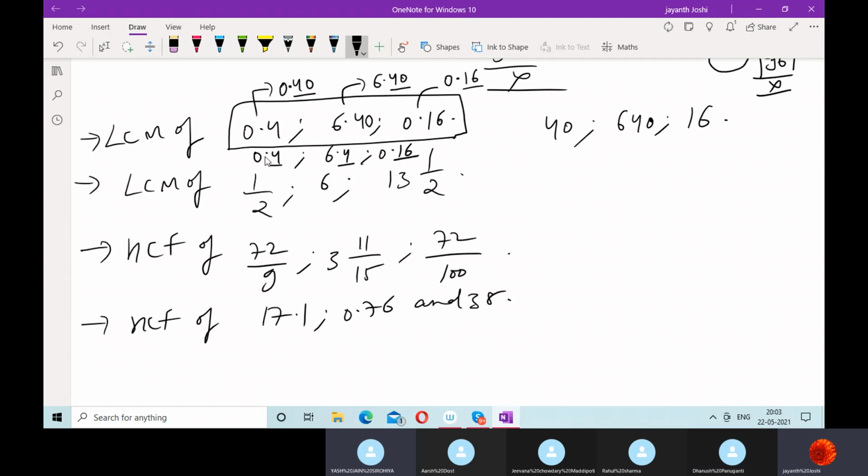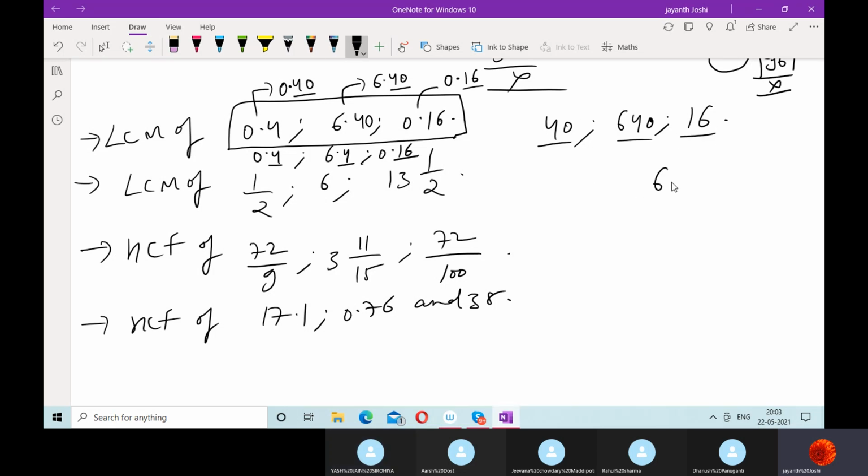So I am making the other numbers have 2 decimal places too. So 0.4 I made 0.40, this I made 6.40, this I made 0.16. Now I am removing the decimal and writing the numbers 40, 640, 16.